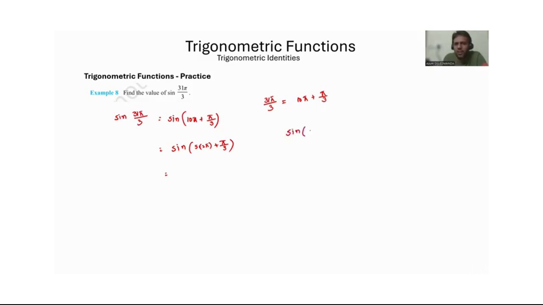Sine of 2n pi plus x equals sine x. Every time, after every revolution, we'll get the same value, right? If it is x radians, after 2 pi, it is 2 pi plus x. After another 2 pi, it is 4 pi plus x. After another 2 pi, it is 6 pi plus x.